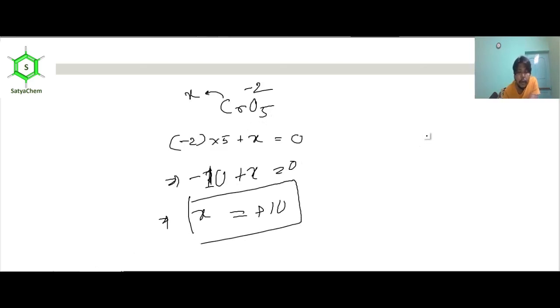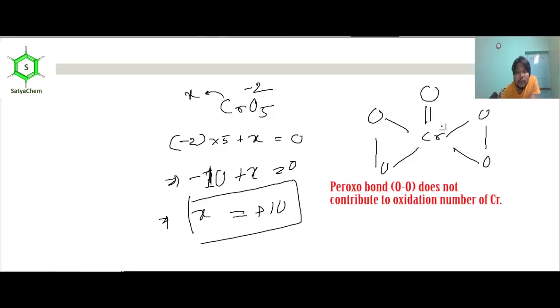Clear? Now I will draw the structure. Chromium with oxygens; the structure is very interesting. It looks like a butterfly. Clear? So this is Cr double bond O. For this it is +2. Cr single bond O, this is +1, because we know that the electronegativity of oxygen is more than that of chromium.